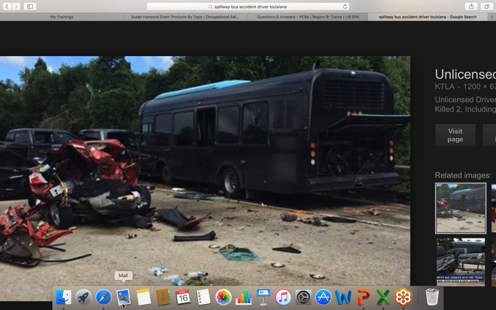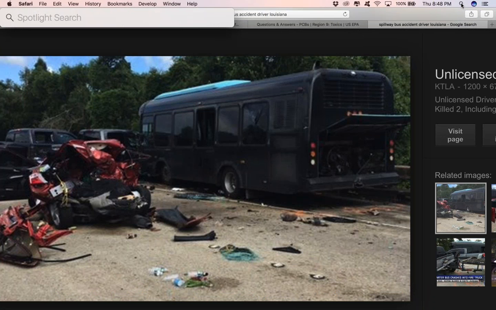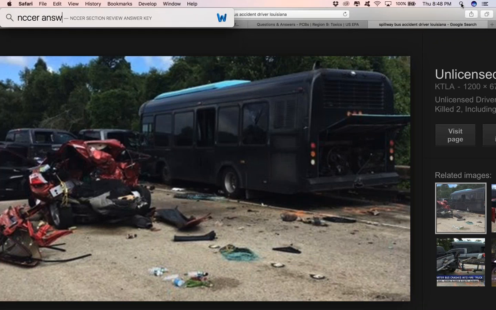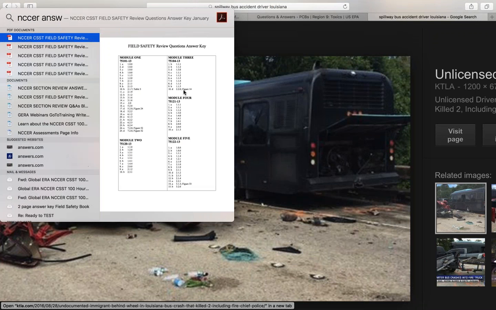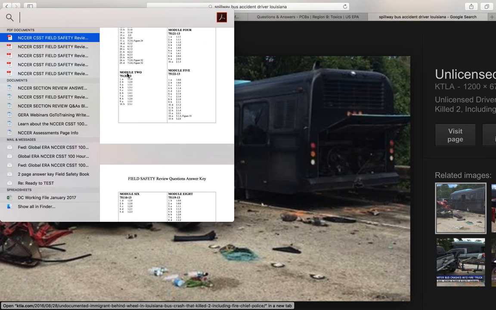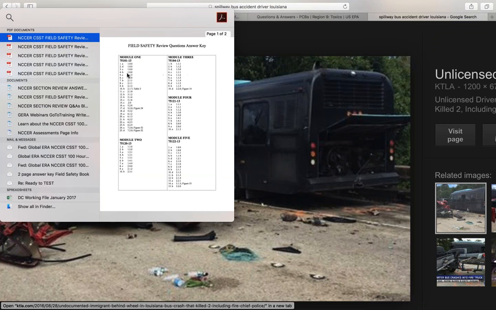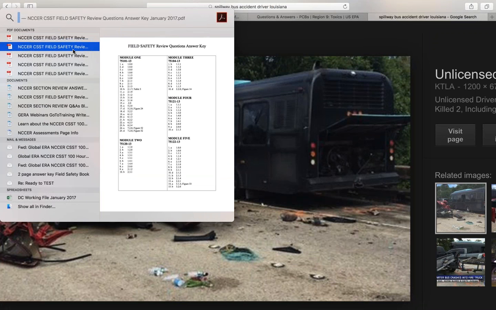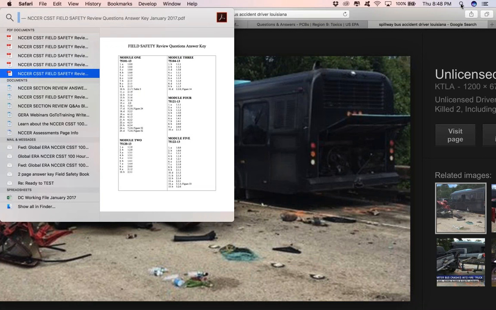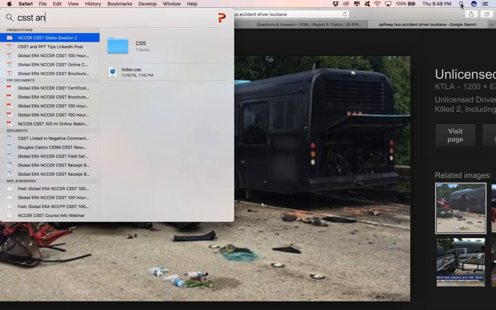Okay, this is one that you would have gotten. It's typeset. That's for the first book, the field safety book. And then the second one was typed, the CSST answers.